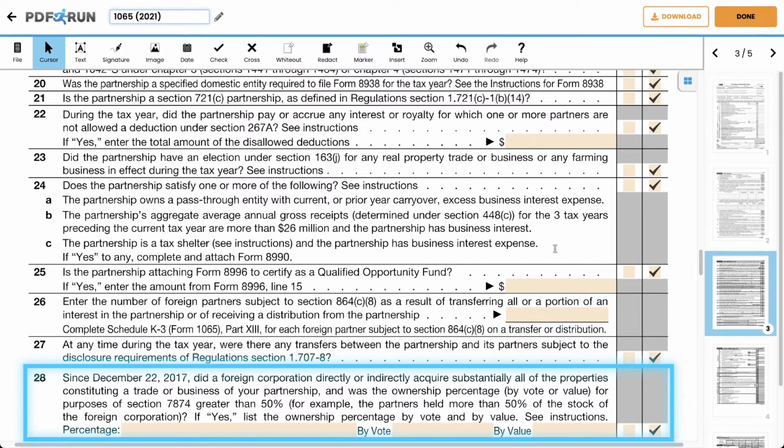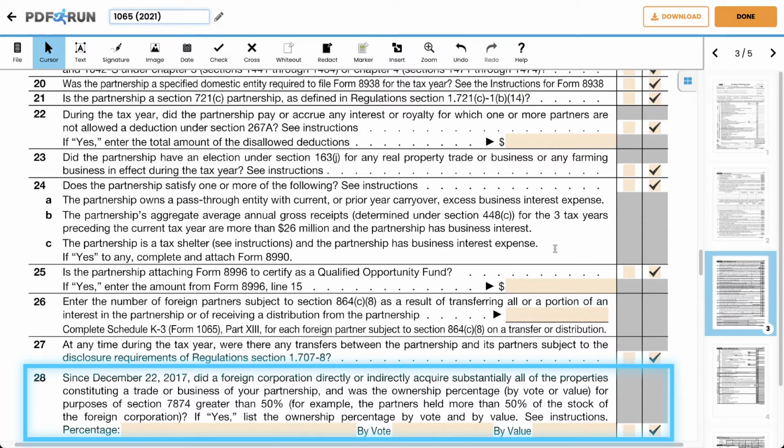Line 28. If, since December 22, 2017, a foreign corporation directly or indirectly acquires substantially all of the properties constituting a trade or business of the partnership, and the ownership percentage for purposes of Section 7874 was greater than 50%, check yes, and list the ownership percentage by vote and value.